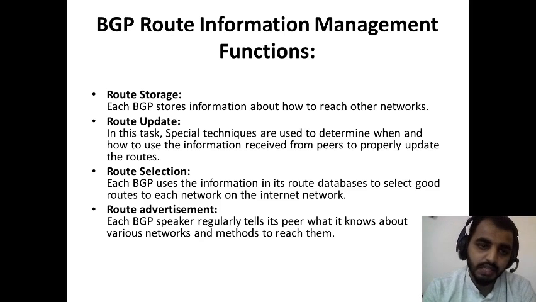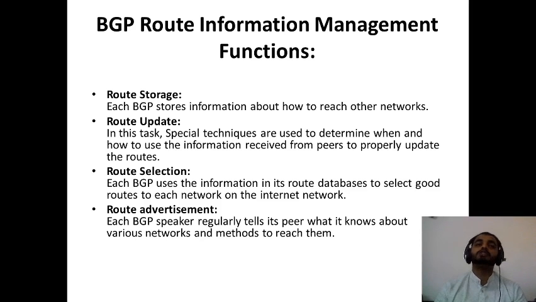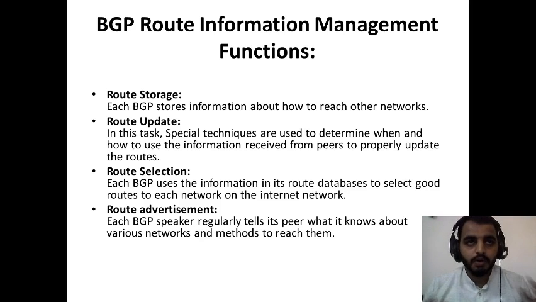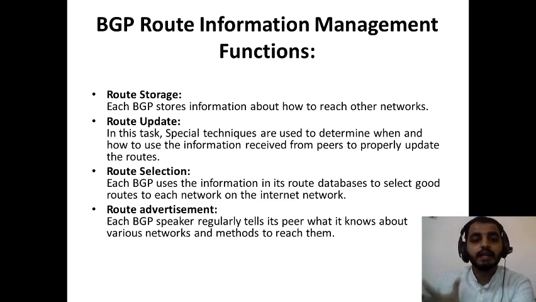Route selection. Each BGP uses the information in its route database to select good routes to each network on the internet. In the sense, BGP will always take the best path. In this type of routing protocol, it looks for the best path that can be taken to reach a particular destination.